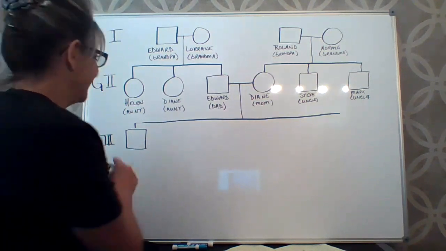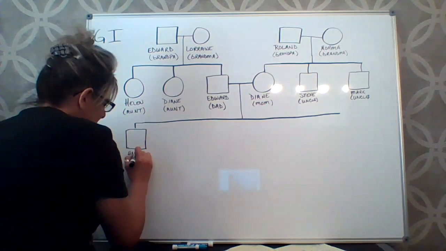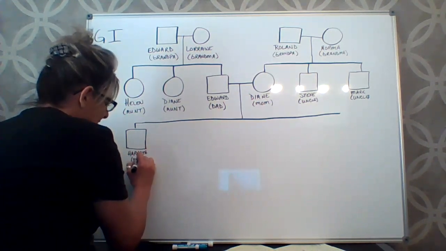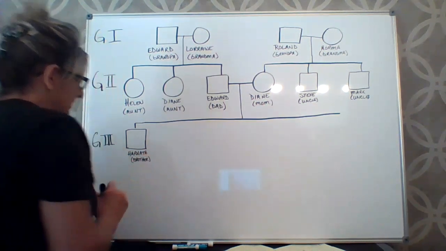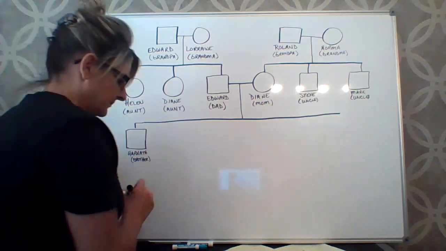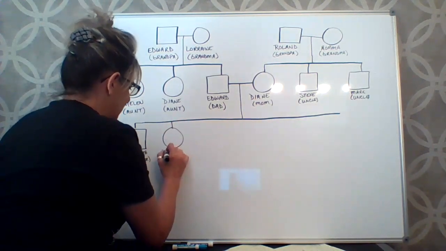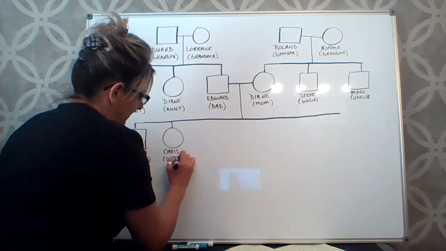Isn't that nice? Okay, so this is my oldest brother. His name is Harneth, named after one of my father's friends from India. So that's my brother. We have Harneth, okay? And next up, I have a sister, and her name is Chris. Sister.